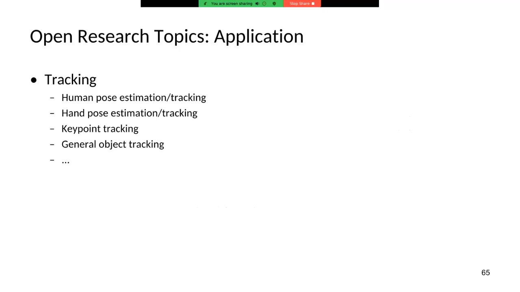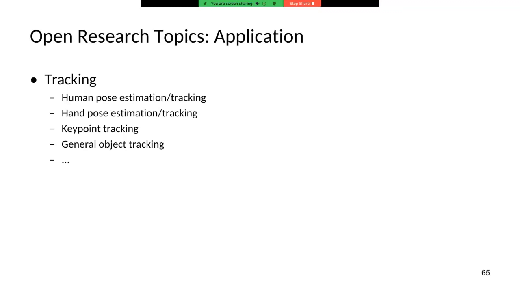I cannot overstate that. Human pose estimation is an interesting problem, and there is a huge opportunity there. The same goes for some more AR and VR applications, for example, hand pose estimation or tracking. I think it's also quite unexplored.